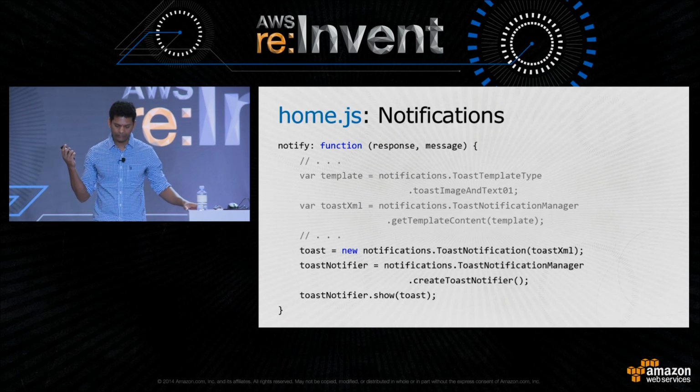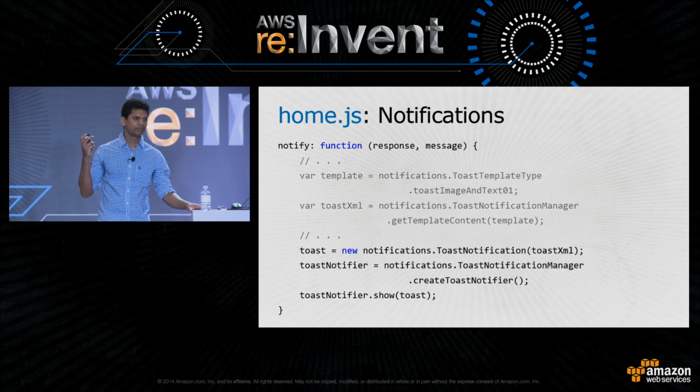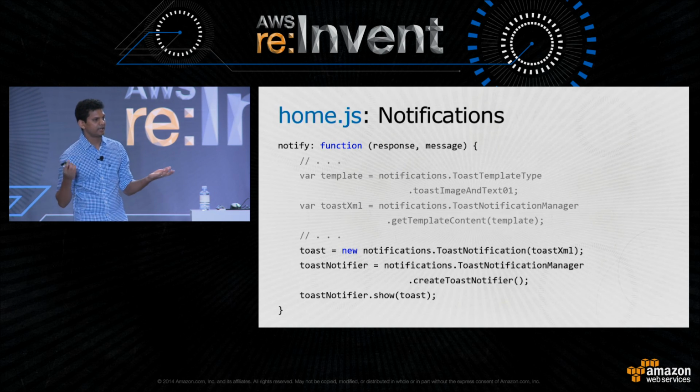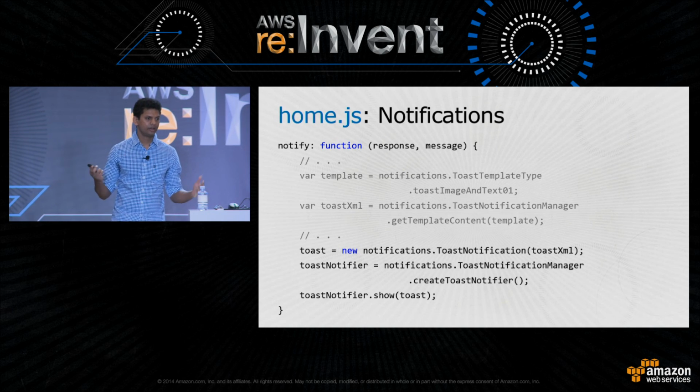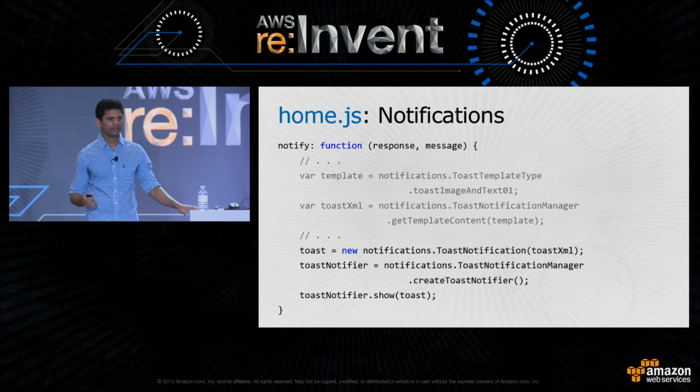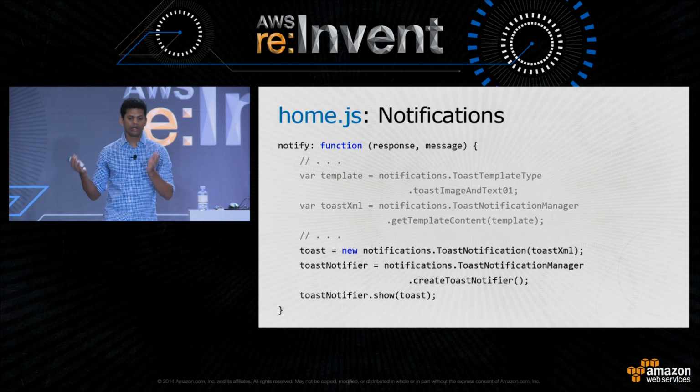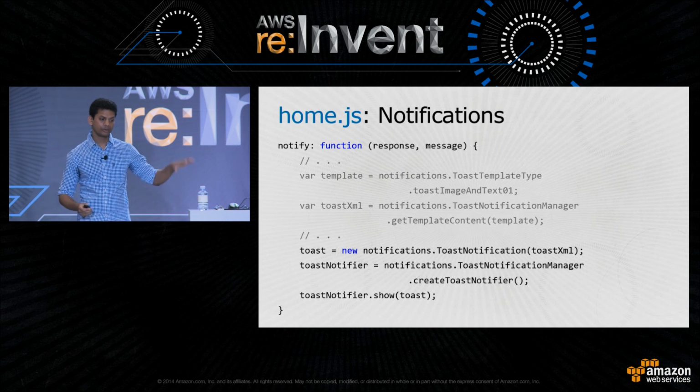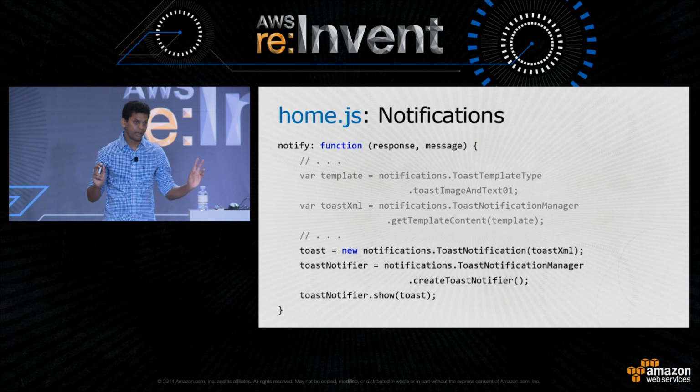So we've talked about progress notifications. Generic notifications, that is things like, hey, your job's been completed and your request is now successful, are handled using the toast notification API. The Windows runtime itself doesn't support progress notifications. There is no native API to deal with progress notifications, and so we've built our own progress notification API of sorts, but we're using the toast notification API to display generic notifications.